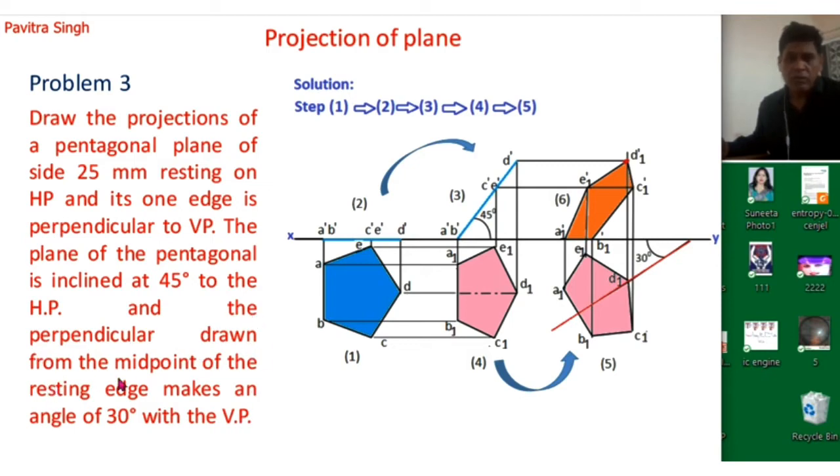So the perpendicular drawn from the midpoint of the resting edge, actually this is the midpoint of this line AB which is resting, makes an angle of 30 degrees.